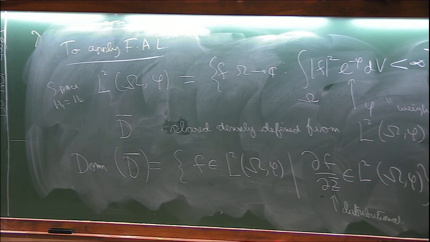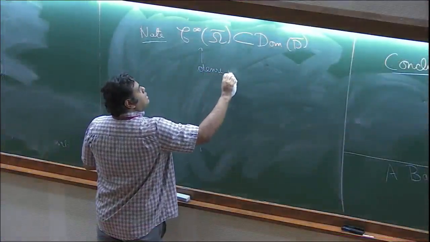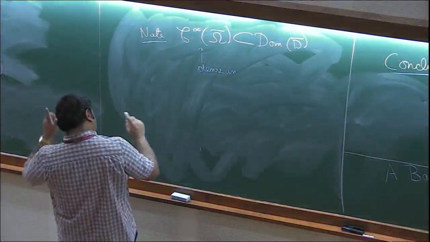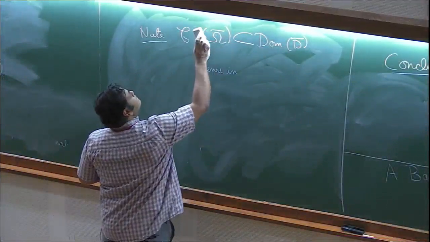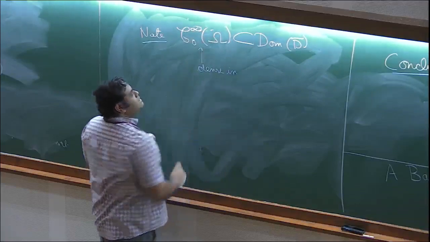Note that, for example, C infinity functions up to the boundary are certainly contained in the domain of d bar. Let us make it better: C infinity functions with compact support in Ω.